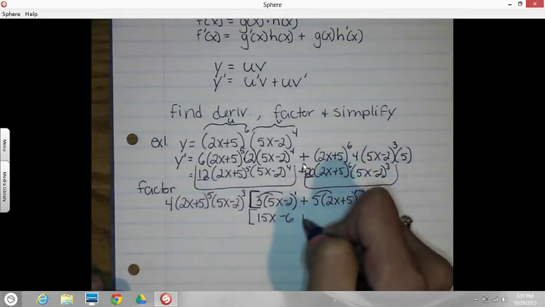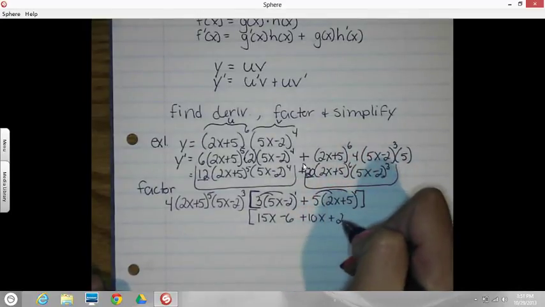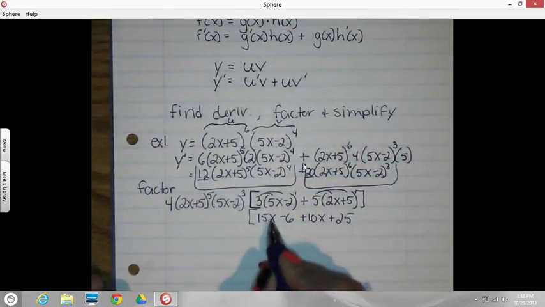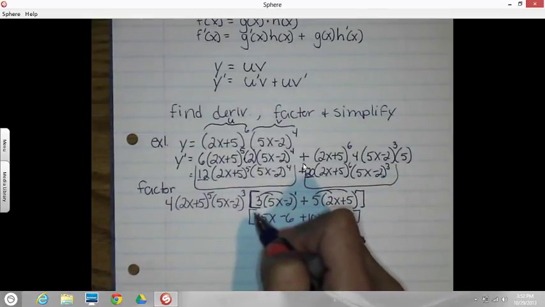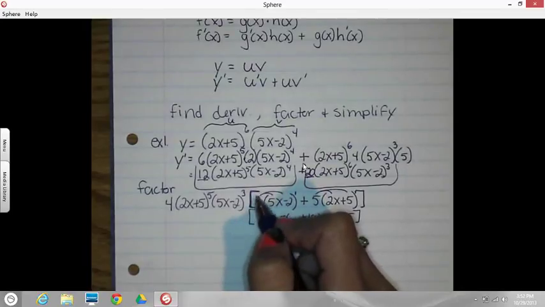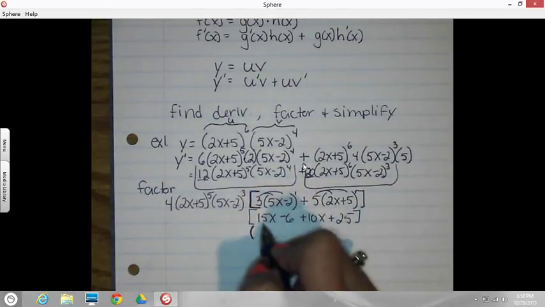That'll be plus 10x plus 25. And then what happens is I can combine my x's and my constants. And I use these square brackets just to show that I'm at the basket part, what's left in the basket. These could easily be rounded ones without any issues. I'll go back to rounded if you like. I'll have 25x.